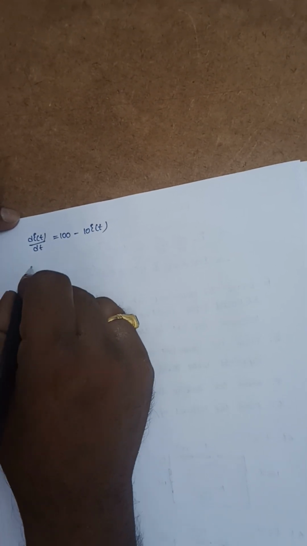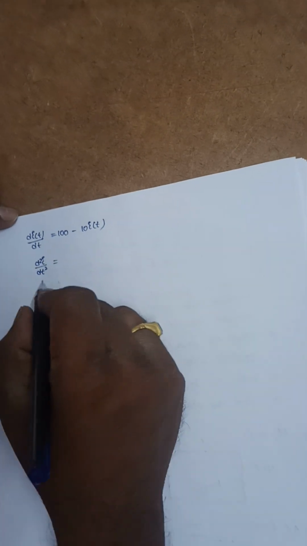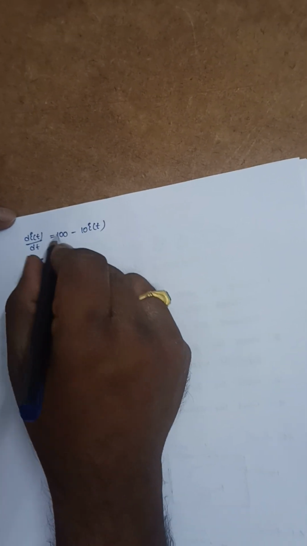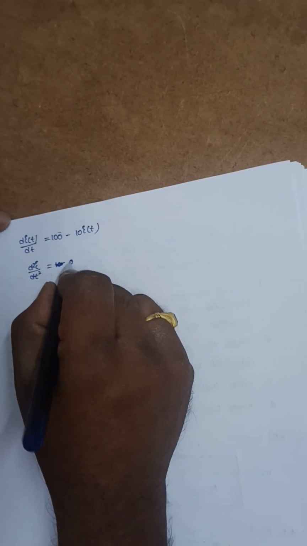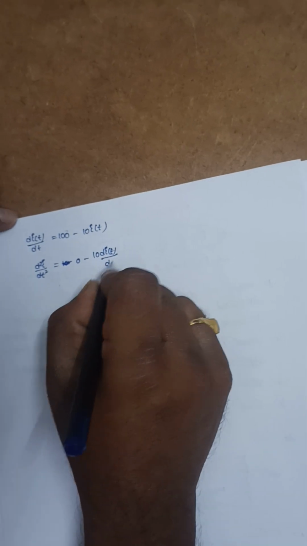What I need to find here is d square I by dt square. Again differentiate this equation with respect to time. Here 100 becomes 0 because it is a constant, and then 10 into di of t by dt.